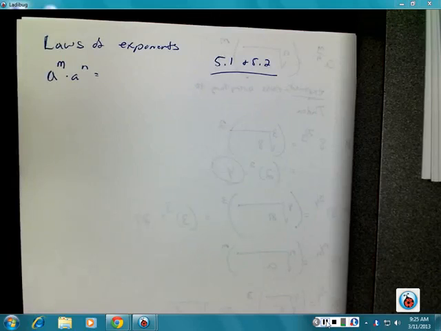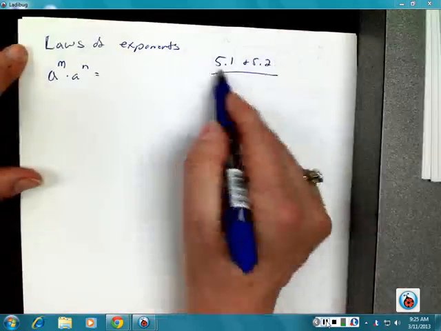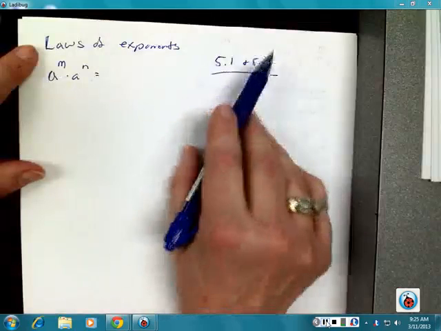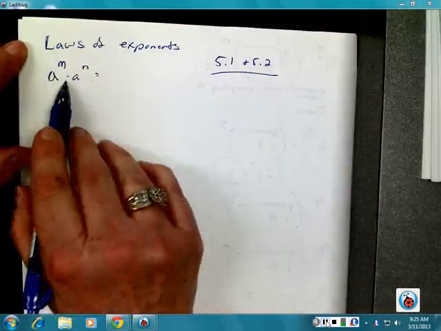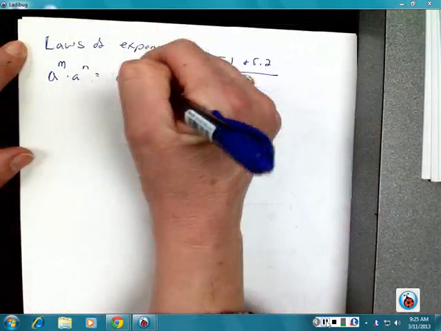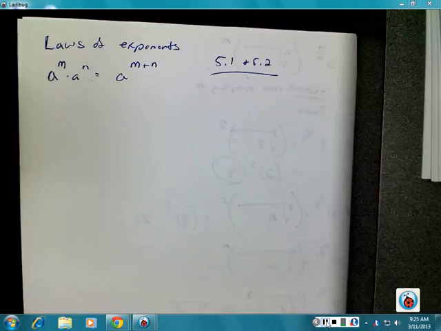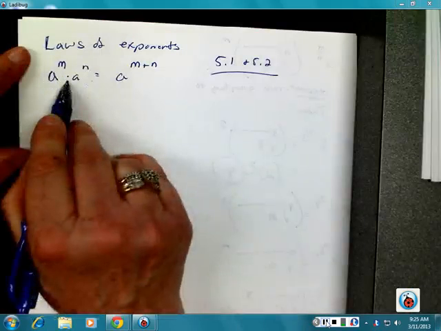You might want to do those before you hop into all of 9.3, because they help you with that. So if I had a to the m times a to the n, we simply took m plus n and came up with our solution. Remember, we added exponents if they're multiplied.